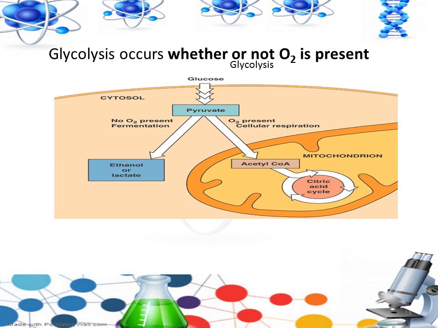The glycolysis will still break down into 2 pyruvate, but the process is not cellular respiration anymore. It will become fermentation. So the product is not used for the next electron transport chain. Okay, so the product for anaerobic respiration is ethanol or lactate.